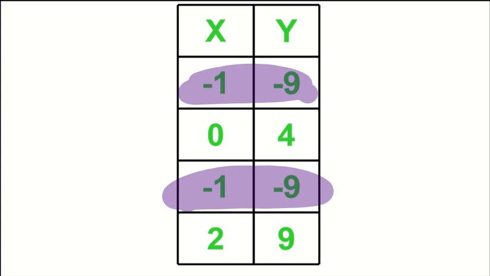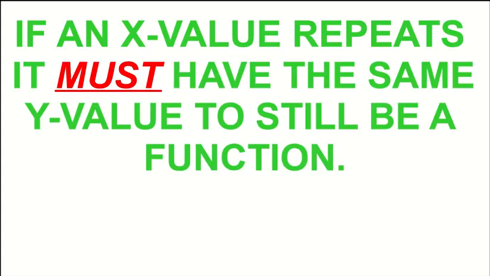Everybody follow on the difference? So what we look for are whether the x's repeat or not. If the x value repeats, it must have the same y value also. The y value has to repeat too for it to be a function. If the y value doesn't repeat, not a function. Okay?